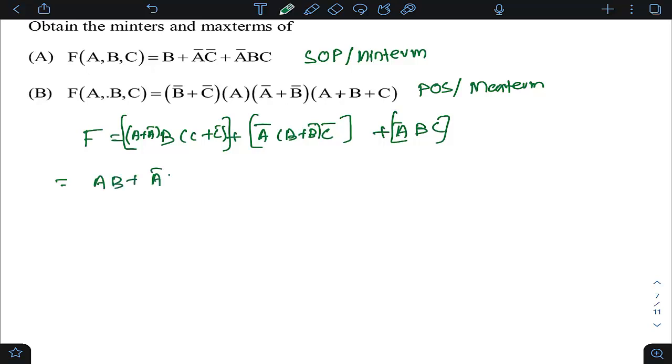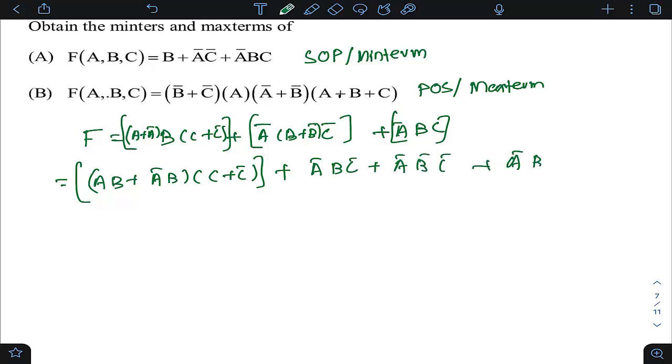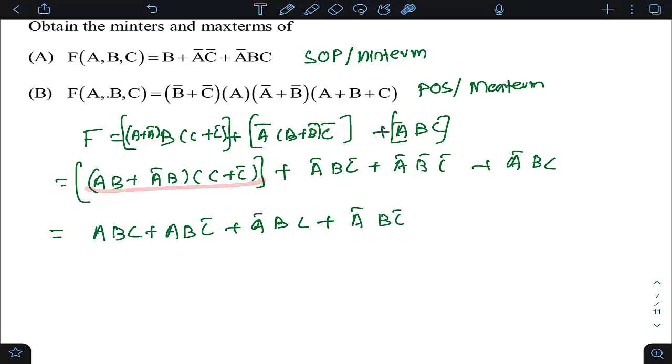AB plus A bar B, and this is C plus C bar, plus A bar B C bar plus A bar B bar C bar plus A bar B C. If you write it out, ABC plus ABC bar plus A bar BC plus A bar BC bar. I have just expanded this one.